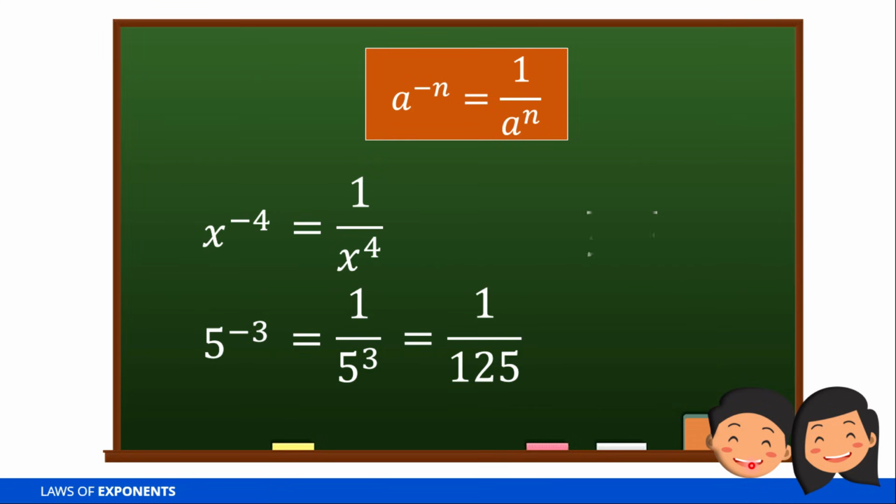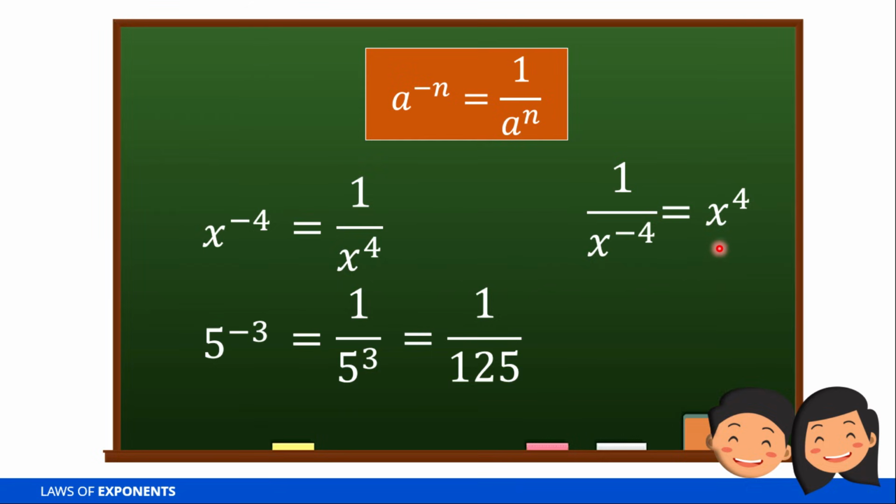Next example. Paano naman kung ganito ang ating given? We have 1 over x raised to the negative 4th power. Nasa denominator yung ating expression na mayroong negative exponent. So, ang ating given ay magiging x raised to the 4th. Okay, paano nangyari yon? Yung 1, siya yung nasa denominator na.